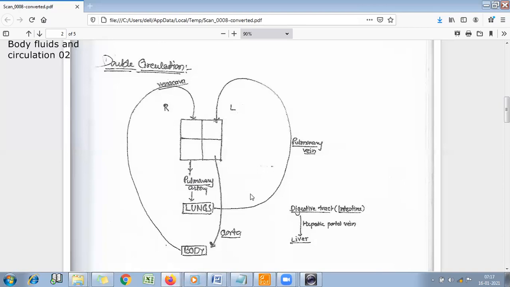So again we will repeat it. Deoxygenated blood moves from the body to the right atrium, and through the tricuspid valve it is transported into the ventricle. When the ventricle contracts, the deoxygenated blood is transported into the lungs through the pulmonary artery.